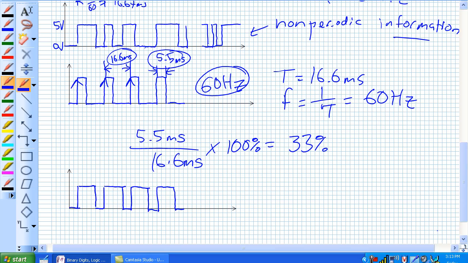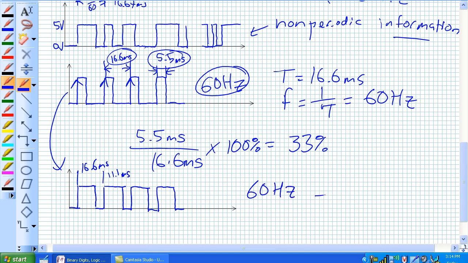So now what if we were to take the perfect inversion of this wave? Basically, when it's a high, it becomes a low. When it's a low, it becomes a high. Well, the period repeats itself still every 16.6 milliseconds, and the time it's on high is 11.1 milliseconds. It's still 60 hertz.